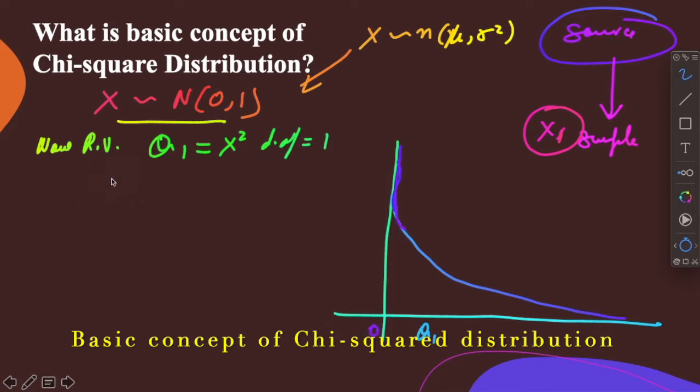Now suppose a new random variable q2, which is the square of one outcome plus the square of two outcomes. In that case, degrees of freedom is 2. So in this case it will be slightly larger, so the distribution will have a shape like this. So this will be for q2.